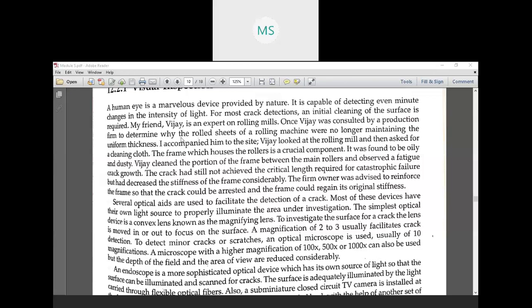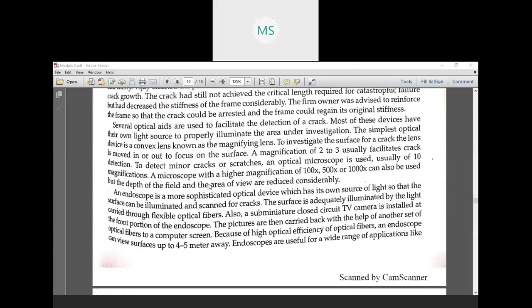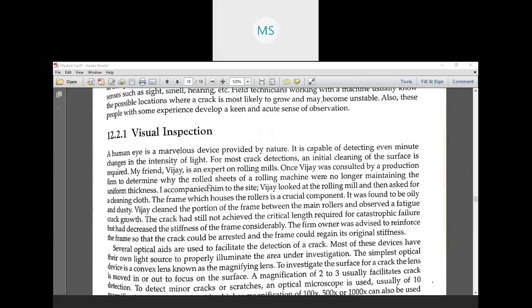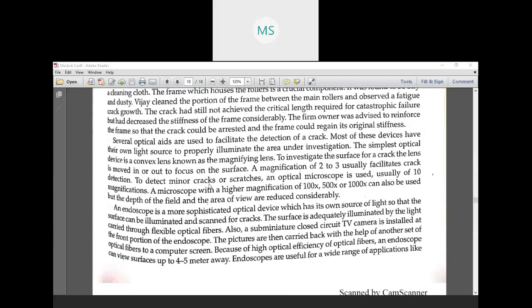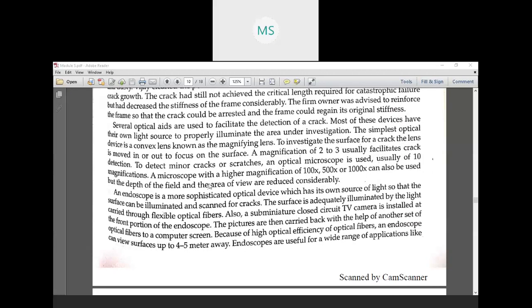Okay, so just by visually inspecting, he came to know that there is a minor crack or the minor defect on the surface of the plate. So, this is a simple way to determine the crack on the surface. Okay, this is a very usual or the very basic way of inspecting.